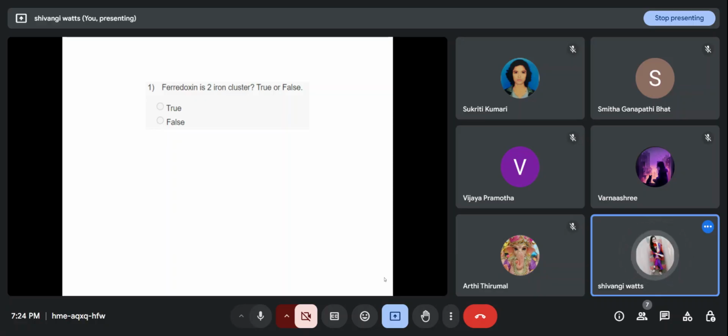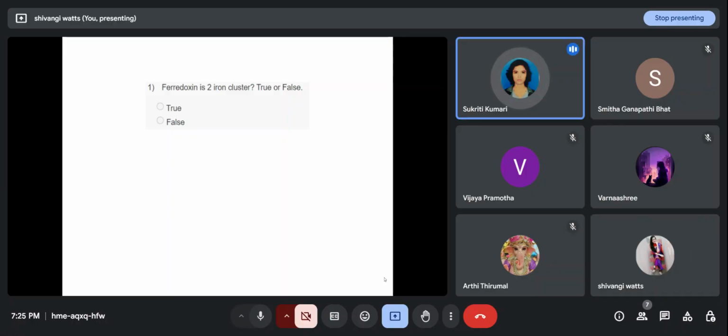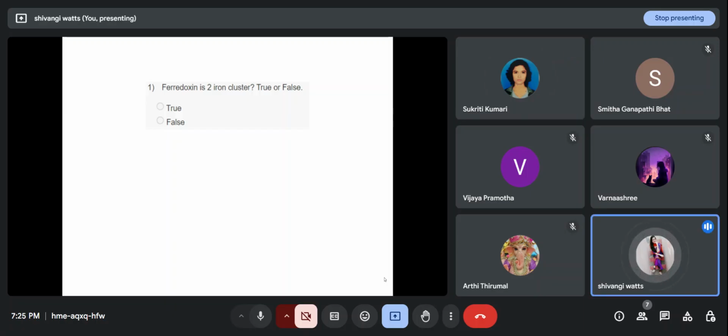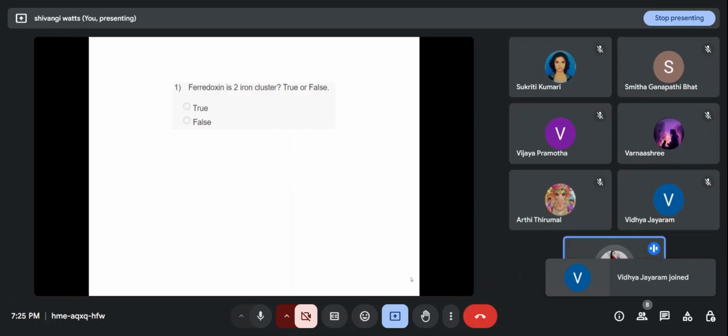Ferredoxin is an iron sulfur protein. Iron sulfur proteins are basically bioredox active agents. These iron sulfur clusters are used in various biological reactions as redox enzymes.